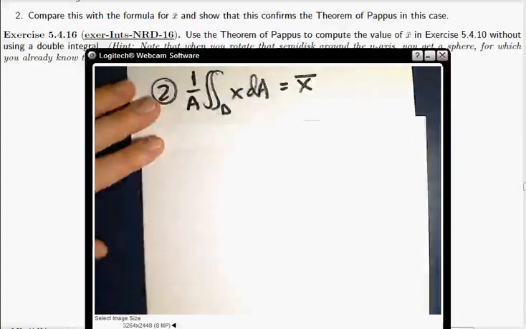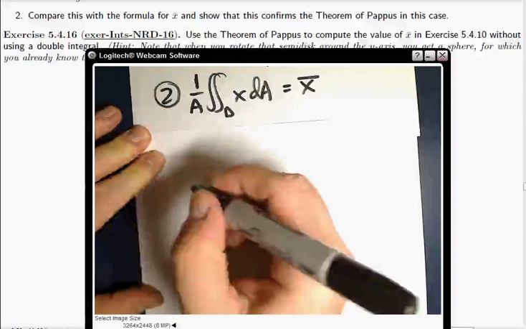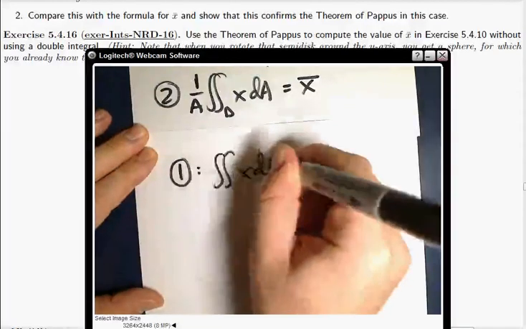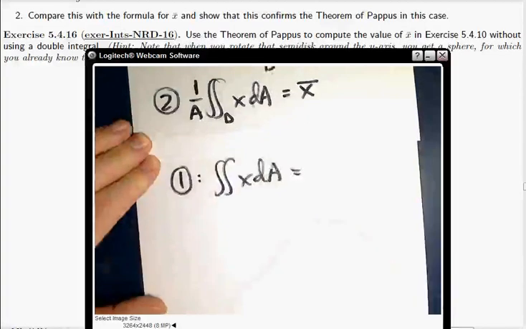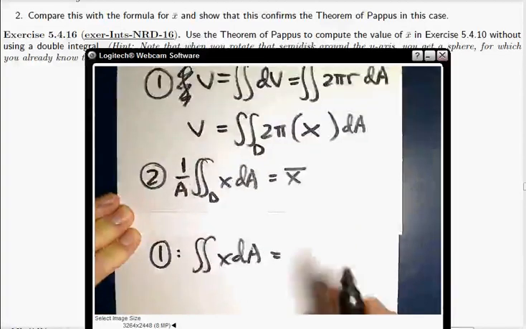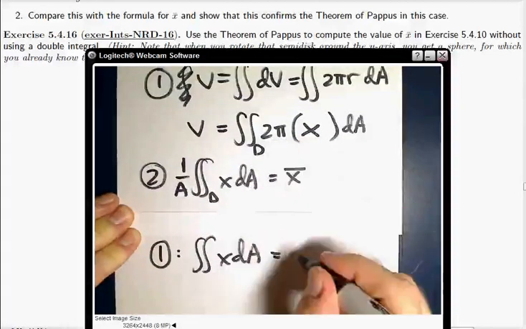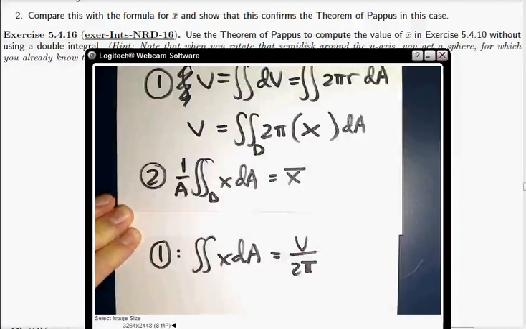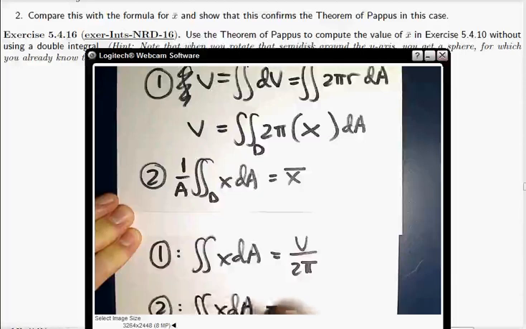So one thing I could do is I could say, well, from part 1, I know that integral x dA is going to be v over 2 pi. And on the other hand, from part 2, I know that integral x dA is equal to x bar a.